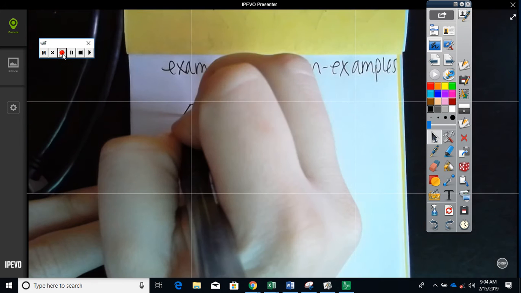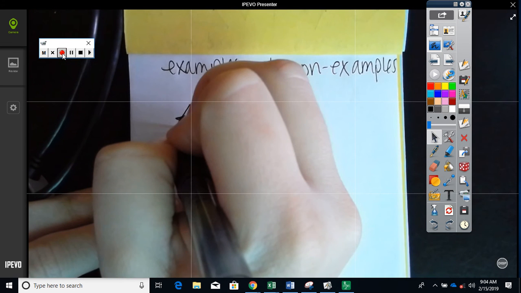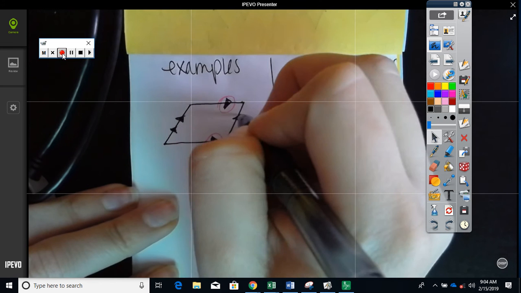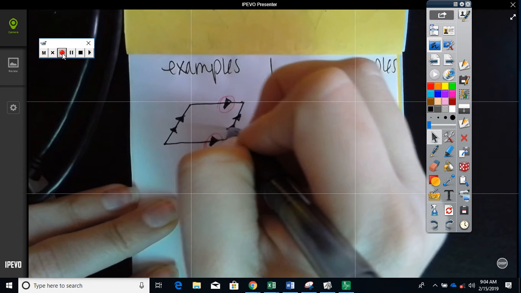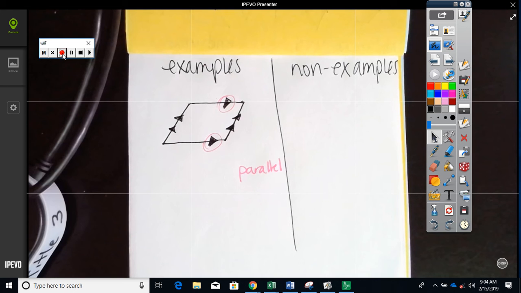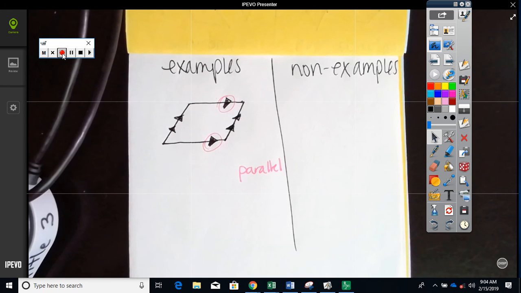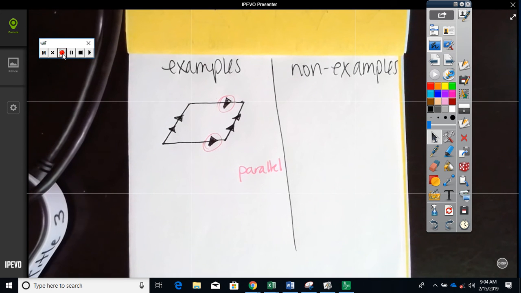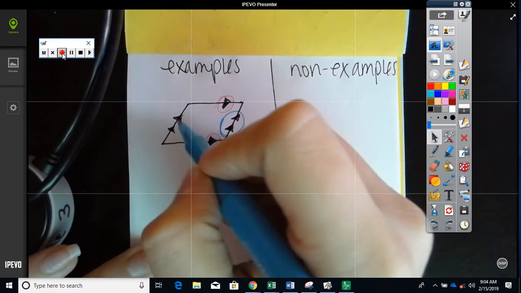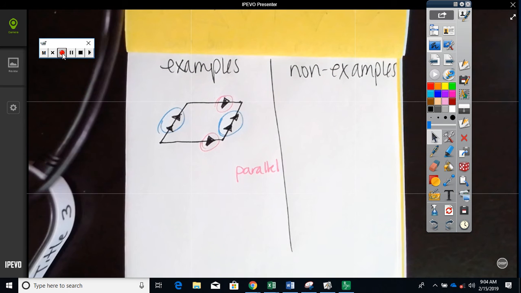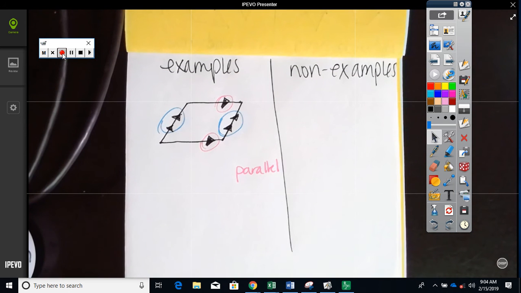And then these two have to be parallel, so I draw two triangles here. Because they're the same amount of triangles, that shows me those two are parallel. Okay? That's how I show it's parallel.